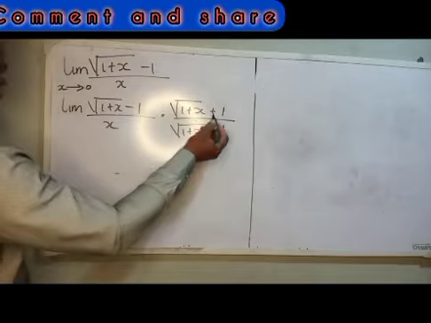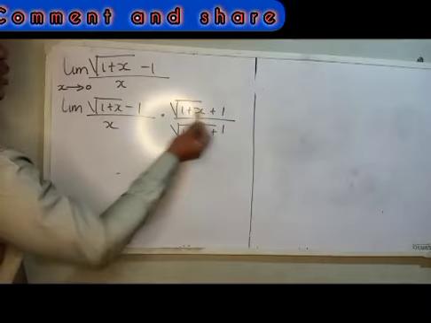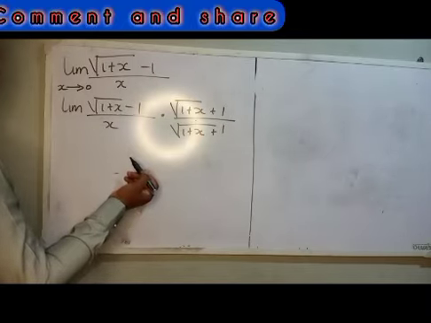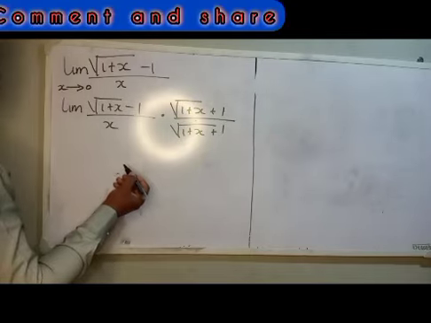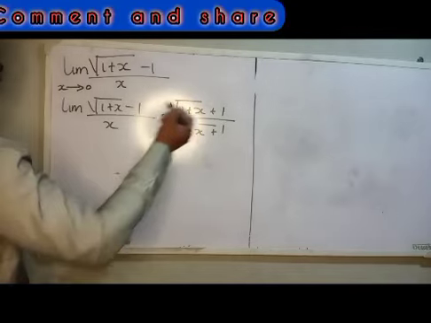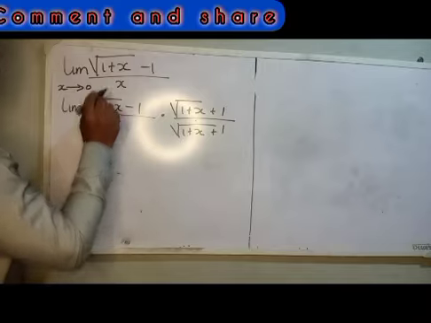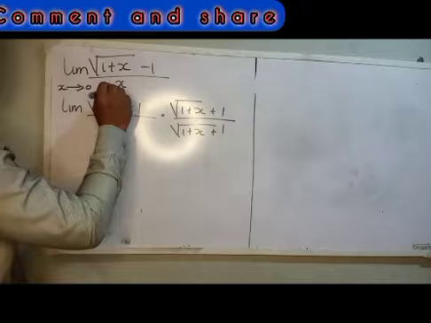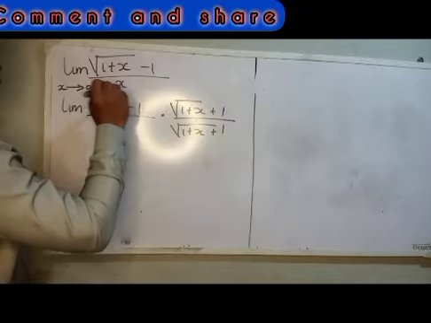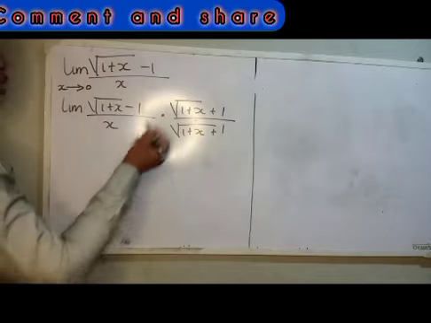Why are we changing this sign? Because we want this to cancel this out. We want to use this to simplify the numerator, and then take advantage of this as well to cancel out this potentially undefined denominator.